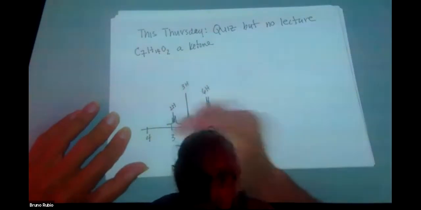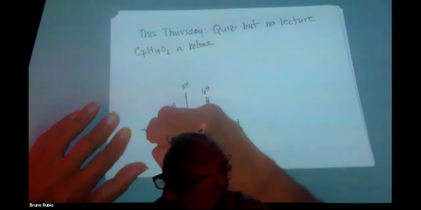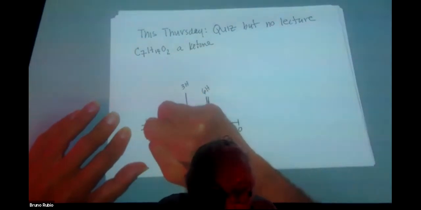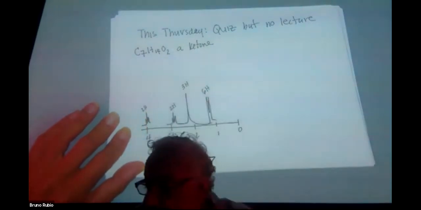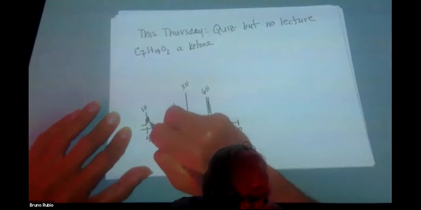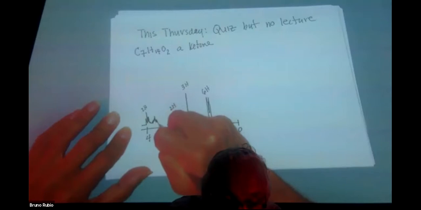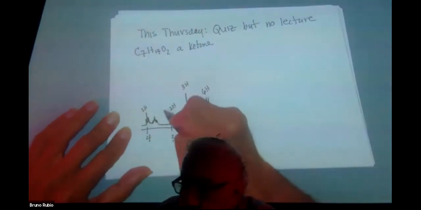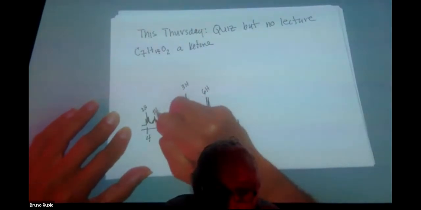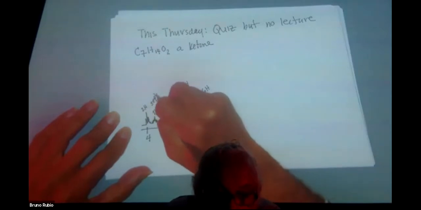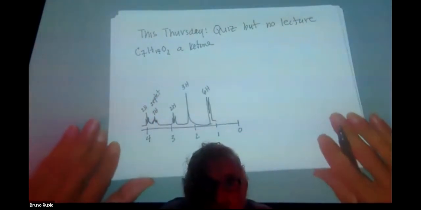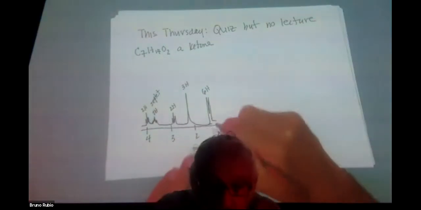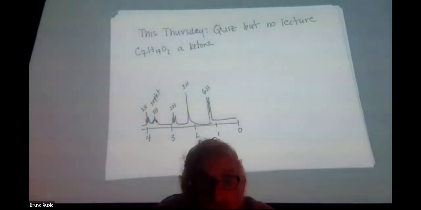And then close to 4, we have another triplet, which is another 2 hydrogen signal. And somewhere over here, we have a septet: 1, 2, 3, 4, 5, 6, 7. And this is a 1 hydrogen signal. Because it's hard to see, I'll just say it's a septet. Okay, so there's our spectrum. There's our formula. Let's figure out what is the structure of the molecule.